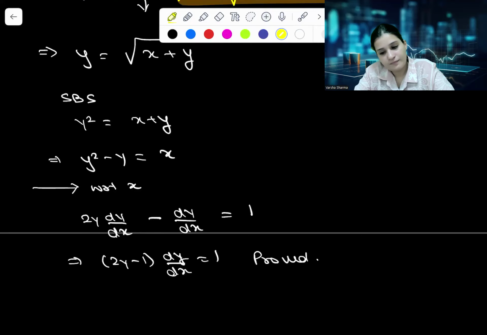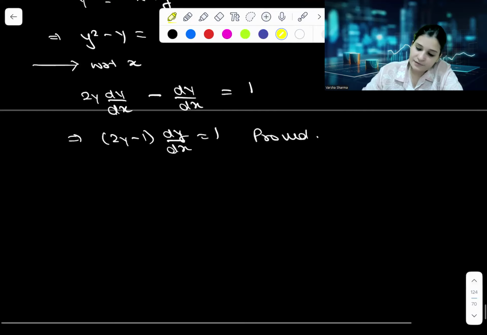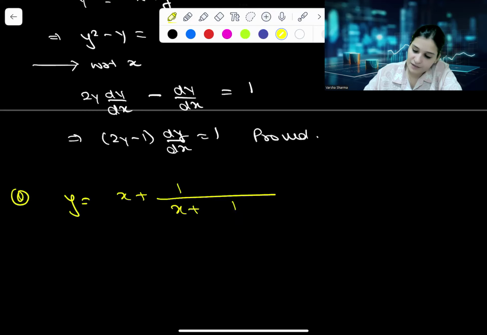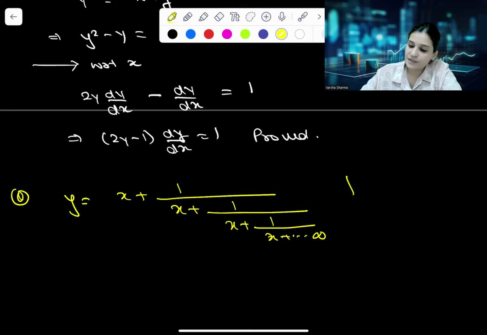Will you try this? Same: y is equal to x plus 1 by x plus 1 by x plus 1 by, infinite times. Find dy by dx.